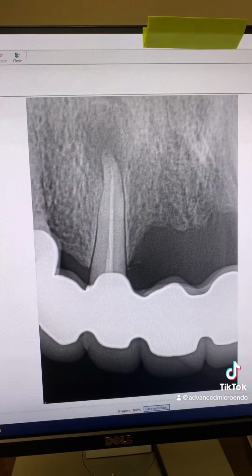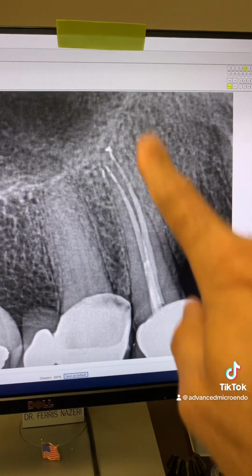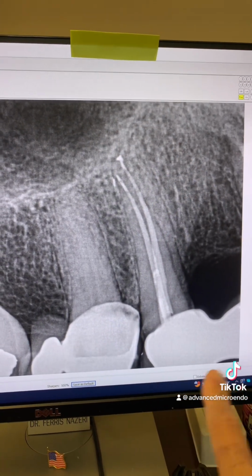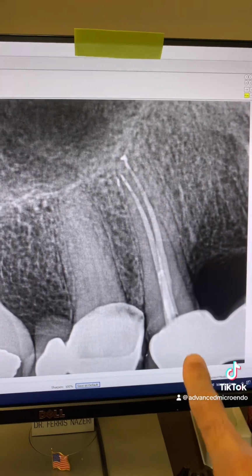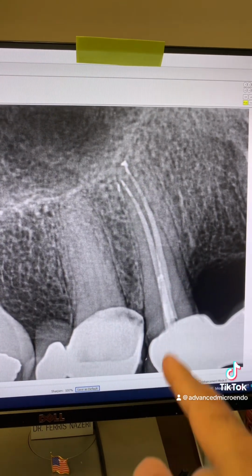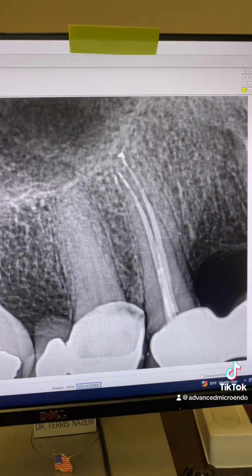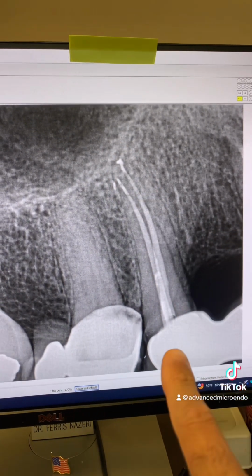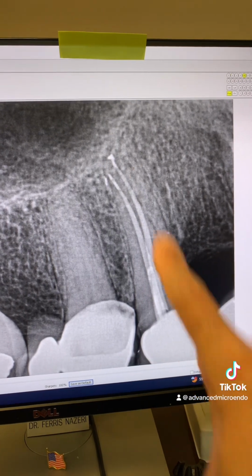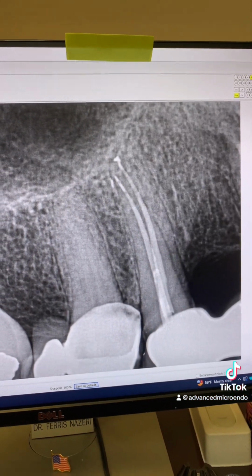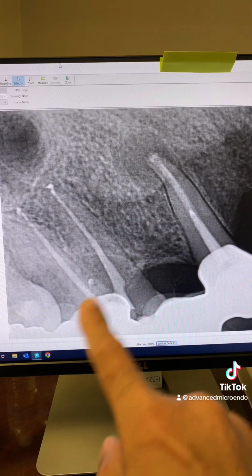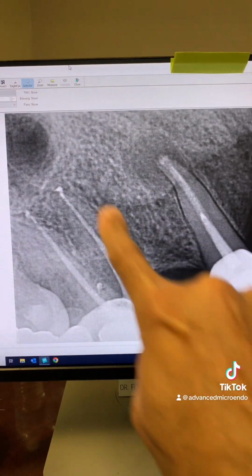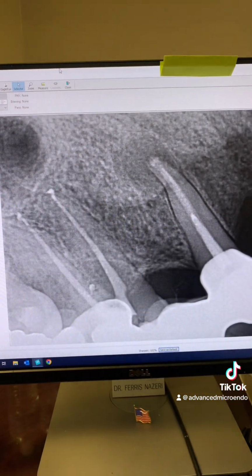Take a look. So this is tooth number 5. We just went, as I said, through this porcelain bridge. And as expected, as I showed you in the pre-op PA, two canal systems. So you can see these were almost 25 millimeter long roots. This is another angulation. You can see tooth number 5, 25 millimeter long roots.